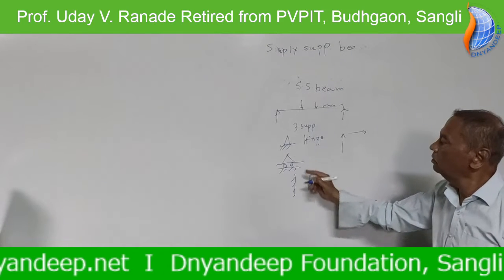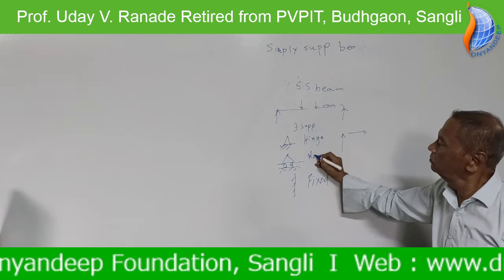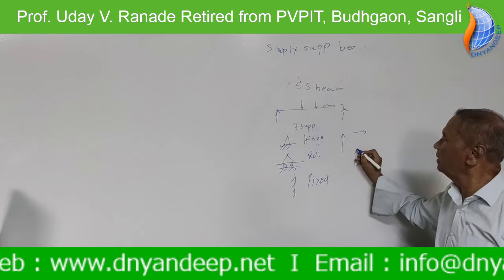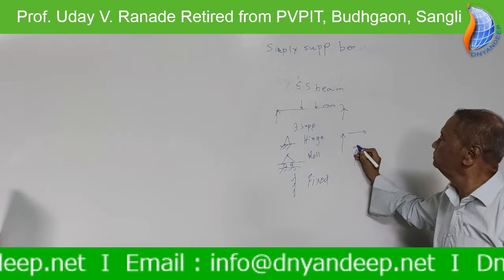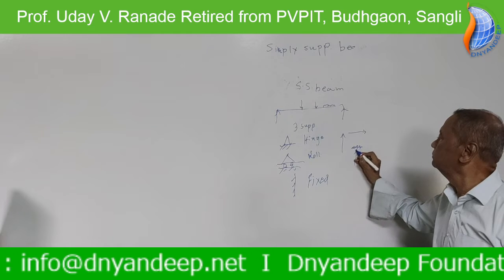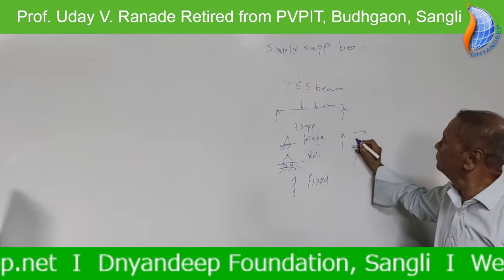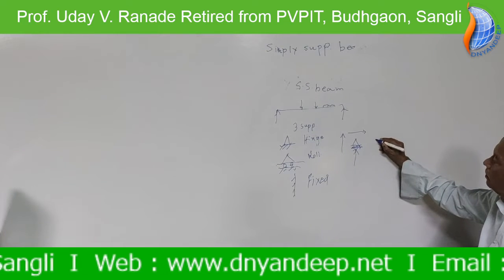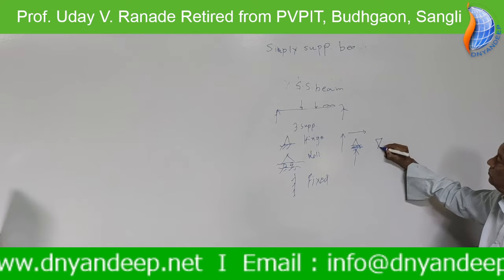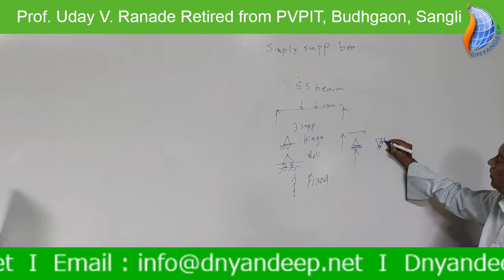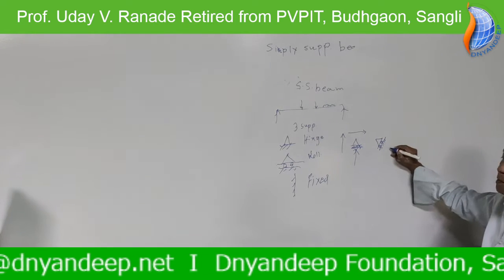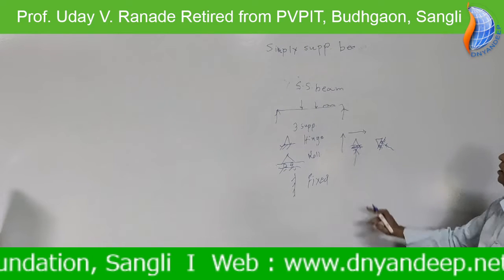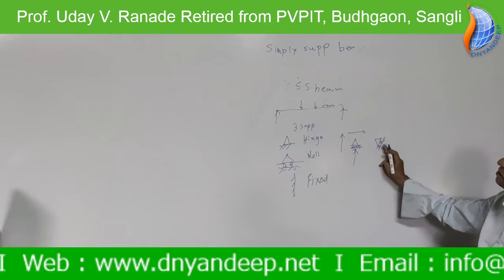Whereas for roller support, there is a reaction which is acting perpendicular to roller support. For example, if roller support is inclined, in that case, reaction will be perpendicular to support. If it is like this, reaction is like this. If it is like this, reaction is like this.